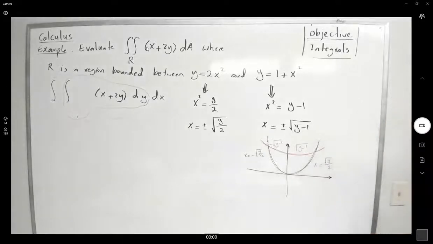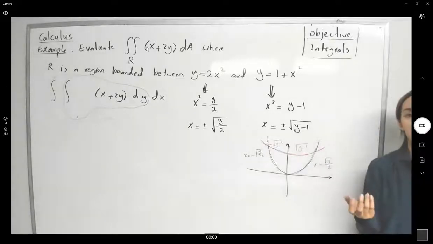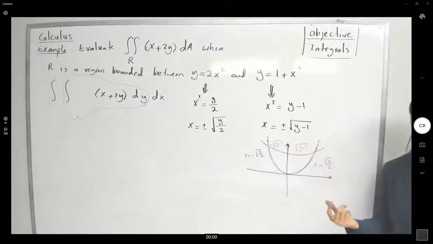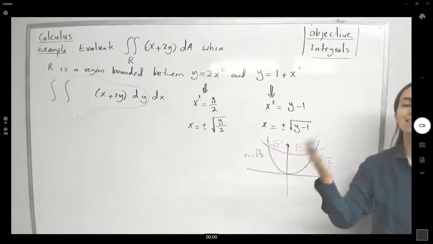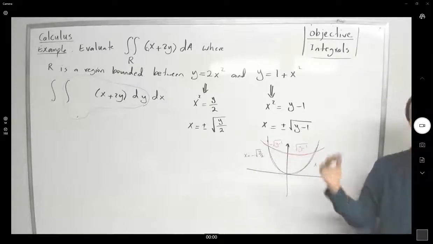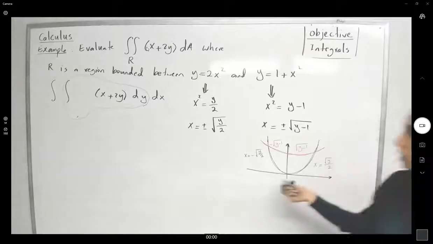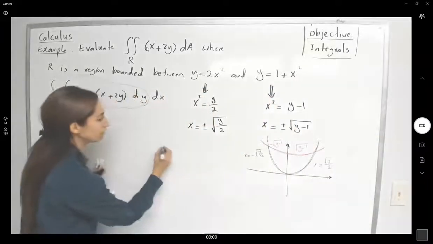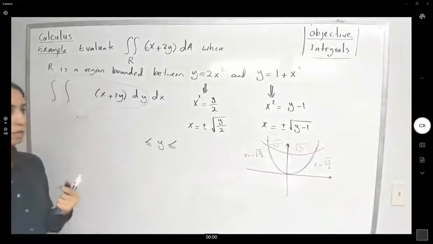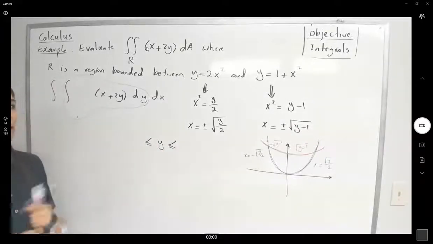Why is that? Because remember that your goal is to make the integral much simpler, finding boundaries for your x, finding boundaries for your y. Here, you need to find fixed boundaries for your y. Y is bounded between what numbers?